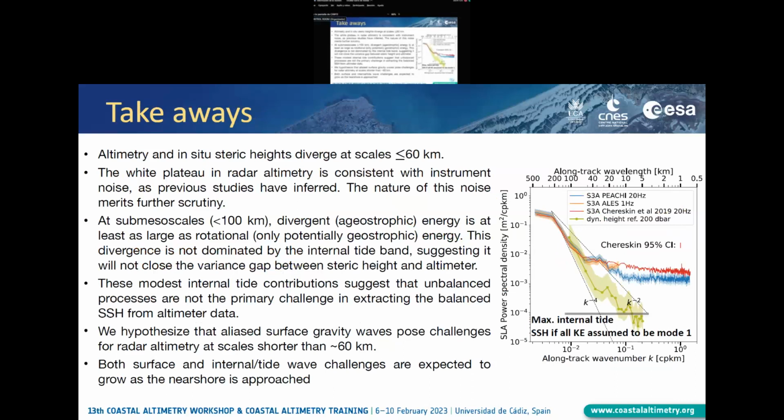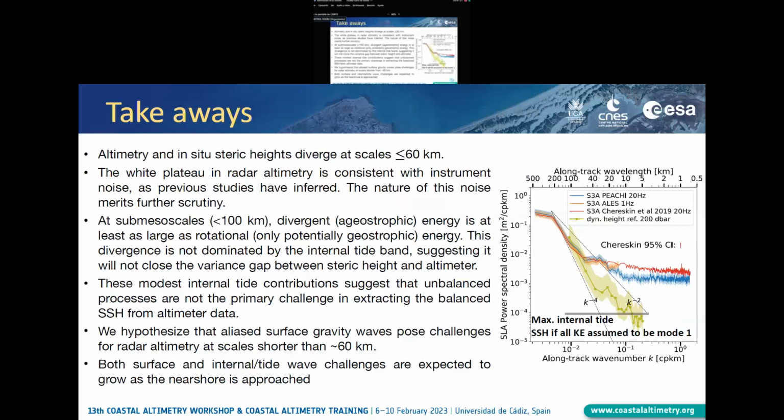And so that's reaching the end of what I wanted to say. And I was mentioning this divergence right outside of the 100 kilometer wavelength, where the observation seems to diverge.